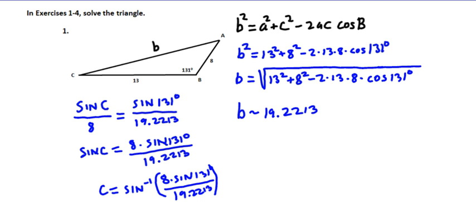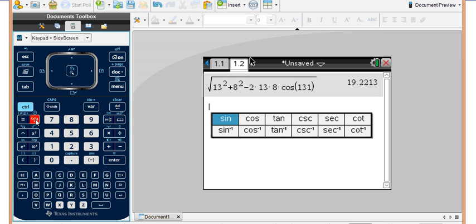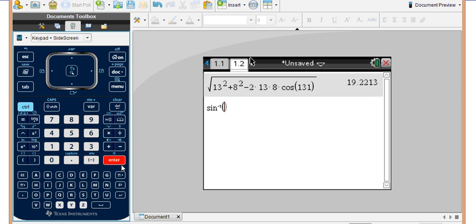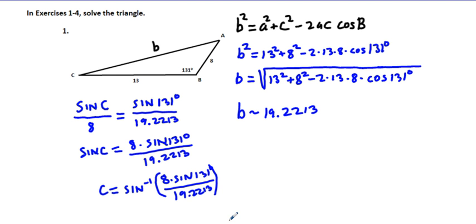So let's do that. Just to remember what we have here, we're going to have 8 sine 131 degrees.